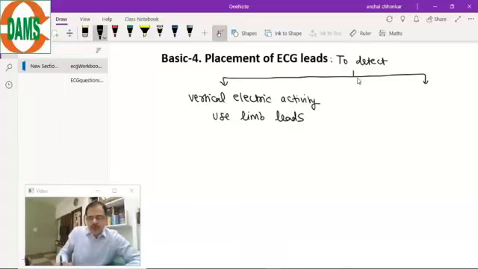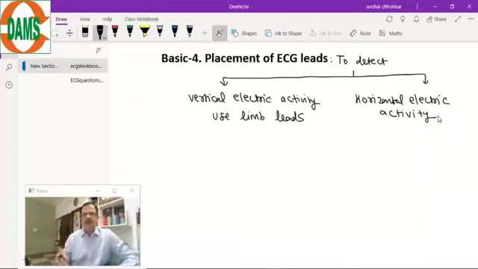Now to detect the horizontal electrical activity, like from endocardium to epicardium, we will use the chest leads.